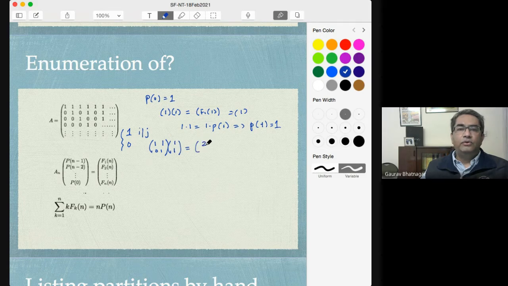So I get 2 at the top and then 1 here. And this is f_{1,2} and f_{2,2}. And again, I use this equation. So 1 times the first one, which is 1 times 2, plus 2 times the second one, and it should be 2 times p2. And this will give me p2 equal to 2. And now I have 1, 1, and 2.